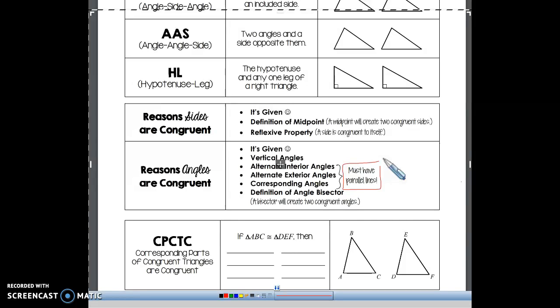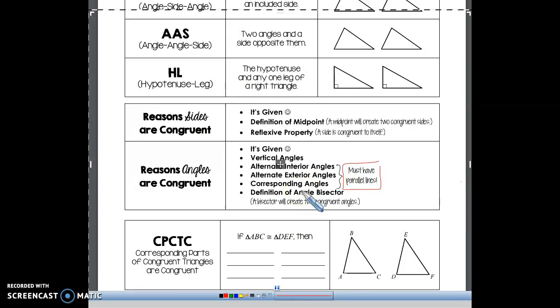If you don't have parallel lines in your picture, you can't use alternate interior, alternate exterior, or corresponding, because those are only true if you have parallel lines. And then the last reason that you could have congruent angles is the definition of an angle bisector, which means that a line cuts that large angle into 2 smaller congruent angles. Therefore, those 2 angles would be congruent.